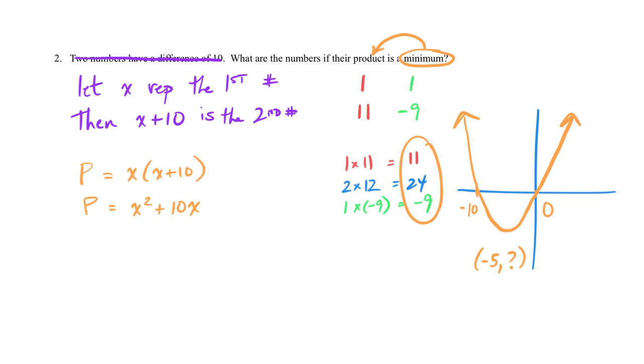This is why it's important. My next line is going to say, for my minimum, because I can see my parabola is going to have a minimum, it's opening up, I know that my x has to equal negative b over 2a.